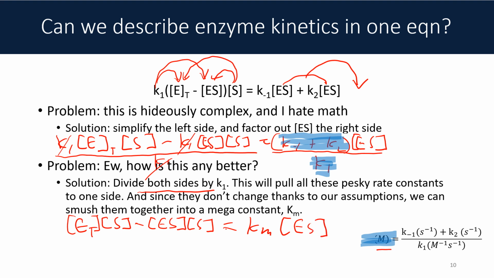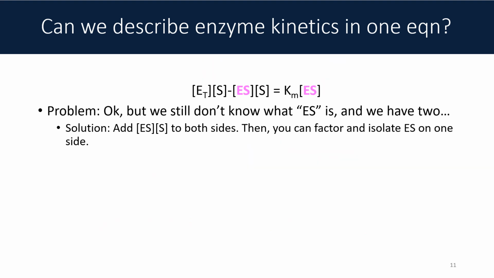You will perhaps have noticed a theme developing by now. We are trying to get rid of or smush together these constants and reduce the number of variables we have to play with. We're getting closer here.